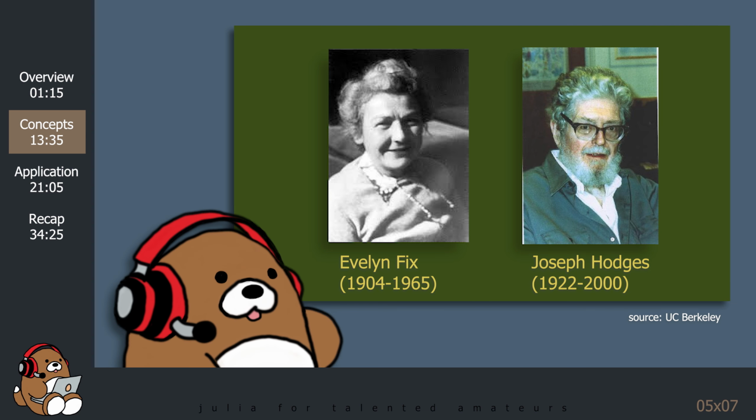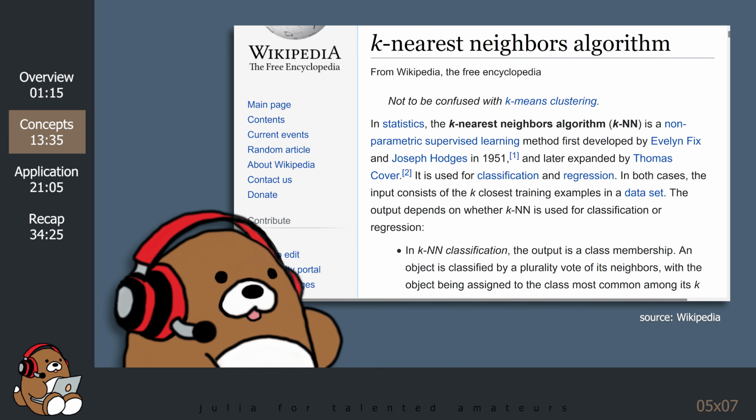The K nearest neighbors algorithm was created by Evelyn Fix and Joseph Hodges in 1951 while they were at UC Berkeley. The KNN algorithm was originally used in statistics. The K in KNN is an integer greater than or equal to 1, and as we've already seen, it indicates how many neighbors that you want to identify.